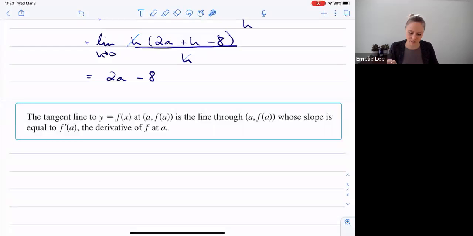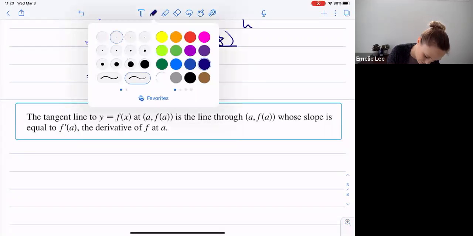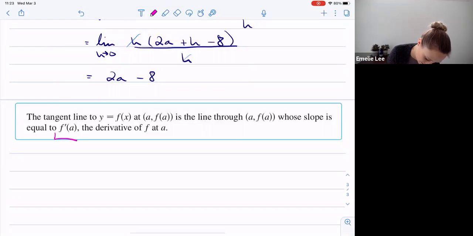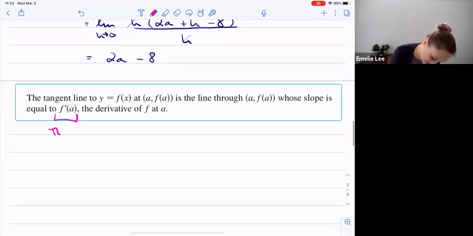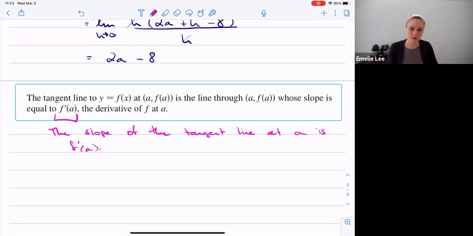And then the slope of the tangent line is f prime of a. Or in other words, the slope of the tangent line at a is f prime at a.